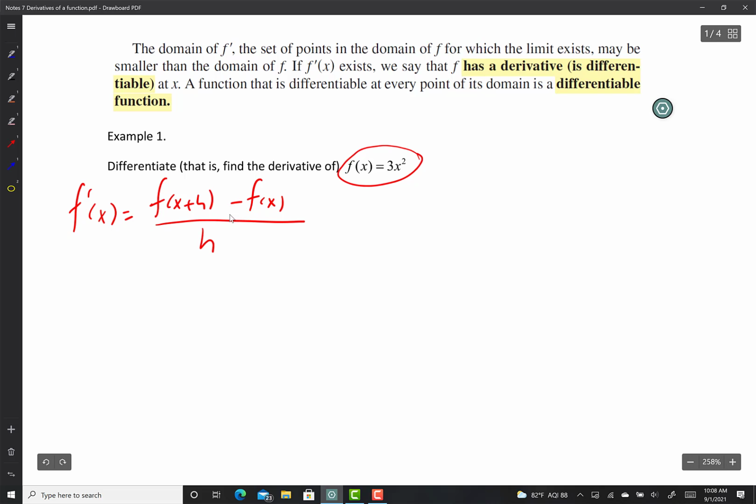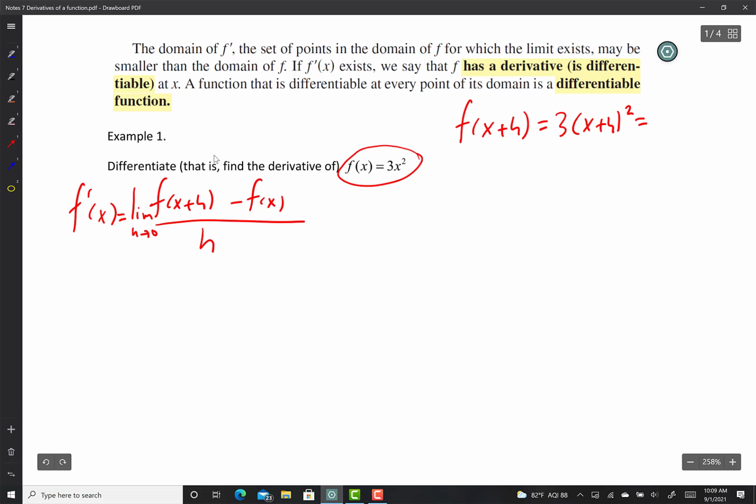I forgot to do what? Yeah, put the word limit in the front. You have to put the word limit because we haven't evaluated it. I'm sorry, guys. Bad notation on my part. Put the word limit in the front. So here we go. Over here on the side, I'm going to write f of x plus h is equal to 3 parentheses x plus h close it squared.